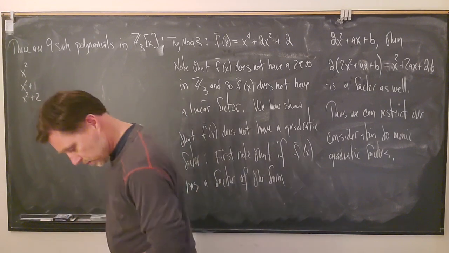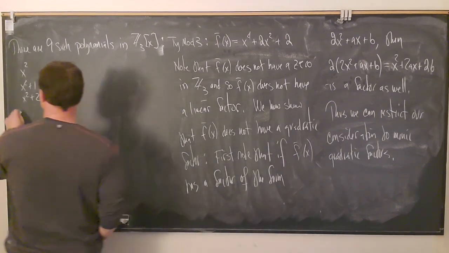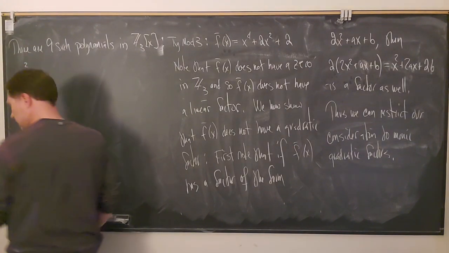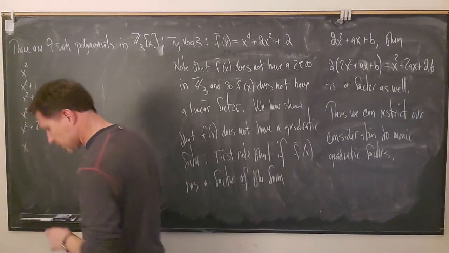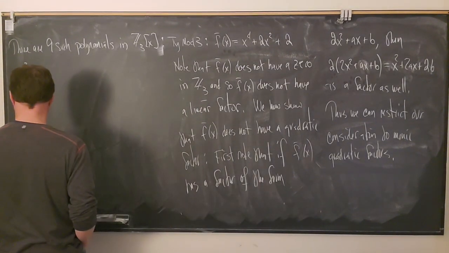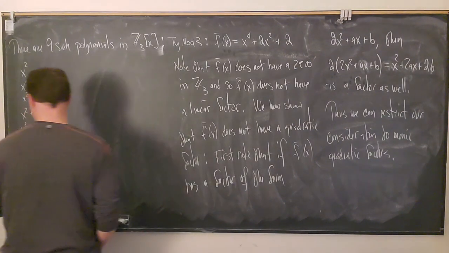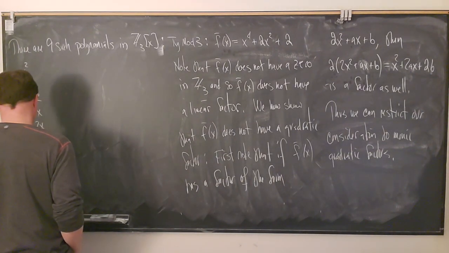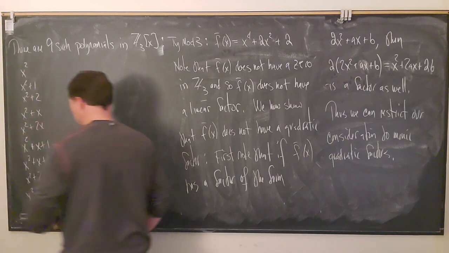There's x squared plus x. There's x squared plus 2x. There's x squared plus x plus 1. There's x squared plus x plus 2. There's x squared plus 2x plus 1, and there's x squared plus 2x plus 2.